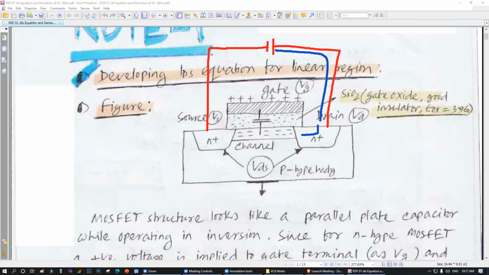Current will try to go this way and come back, right? That means electrons will come in the opposite direction of the current, go through here and there, and go back to the positive terminal of the battery.